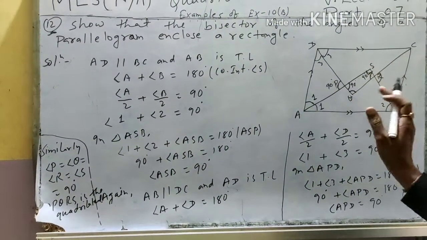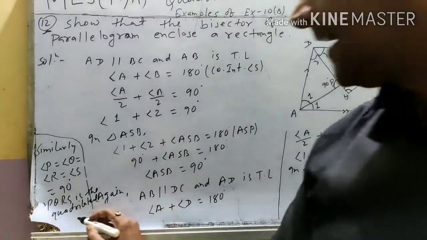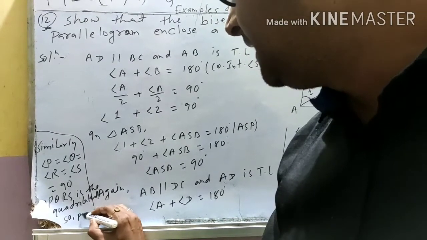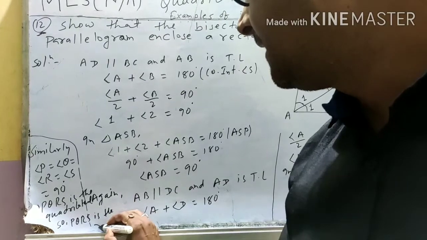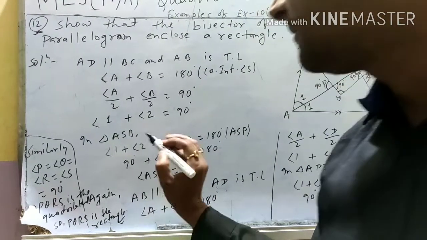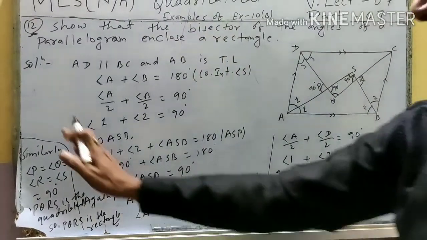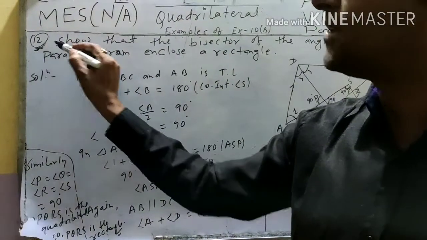So we can say PQRS is a rectangle. Okay student, this is the concept. The first step is this one, second is this one, and the last is to write down this one. I hope you understand question number 12.